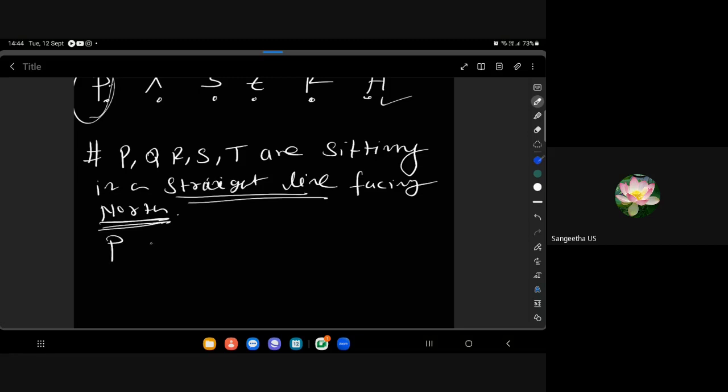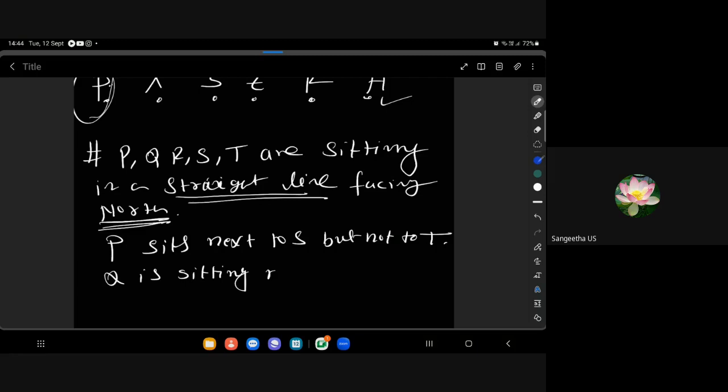Now the information: P sits next to S, but not to T. Q is sitting next to R, who sits on the extreme left corner.